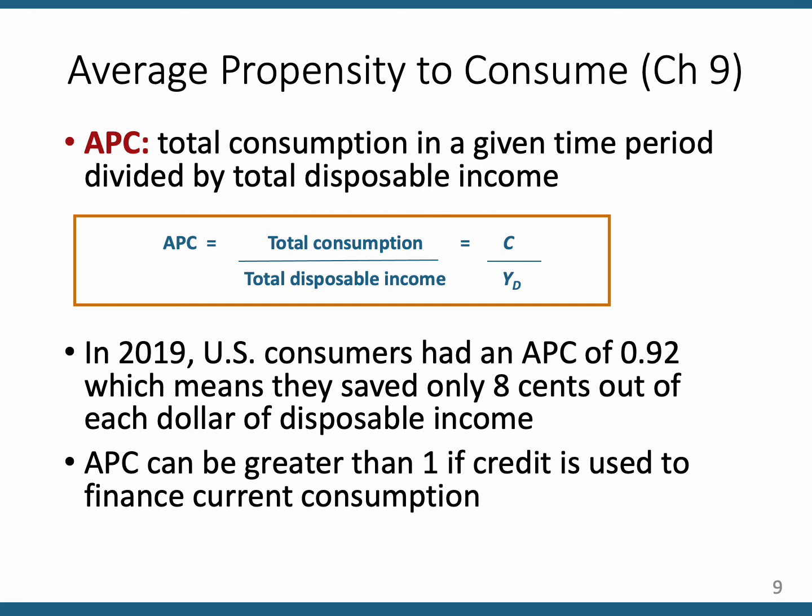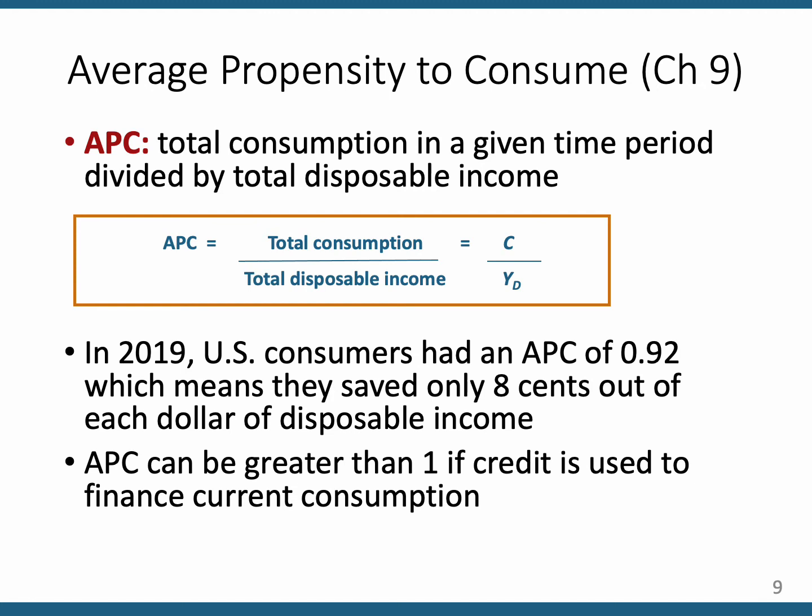So the average propensity to consume, again, is the percentage of a person's disposable income, the money they have to dispose of, that they spend on consumption. In 2019, in the U.S., our average propensity to consume was 0.92. That was pretty good. This goes up and goes down depending on the business cycle.